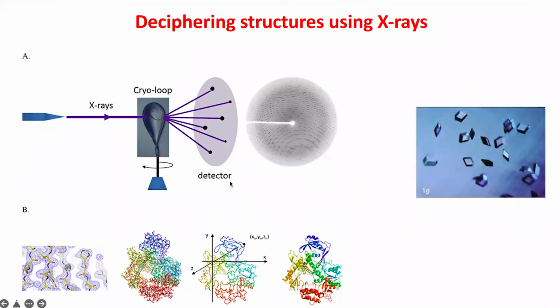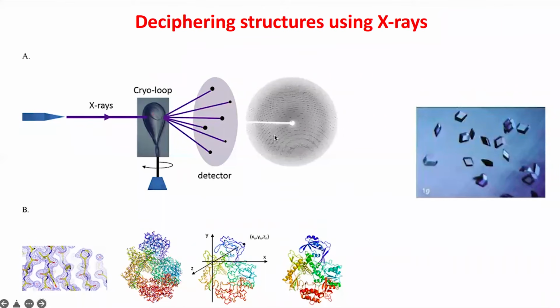In the old days, the detector was an X-ray film, but now we have electronic detectors which will measure these X-rays. And what you see is all these spots. And if you keep on rotating the crystal and you keep on taking snapshots, the position and the symmetry of these spots keep on changing, all right?